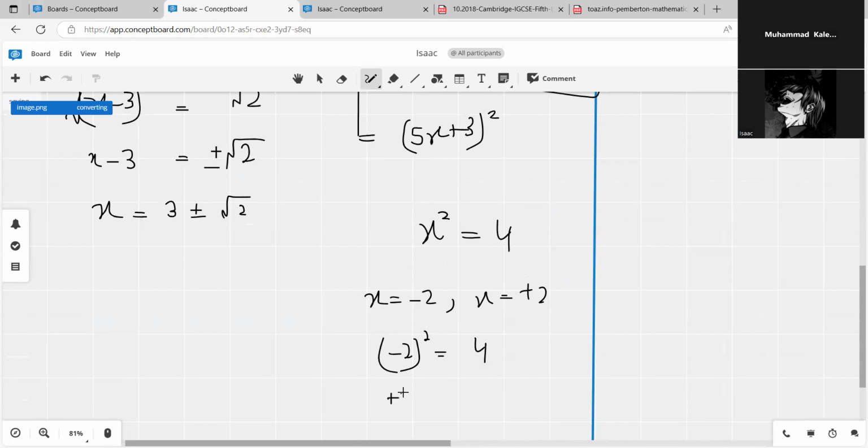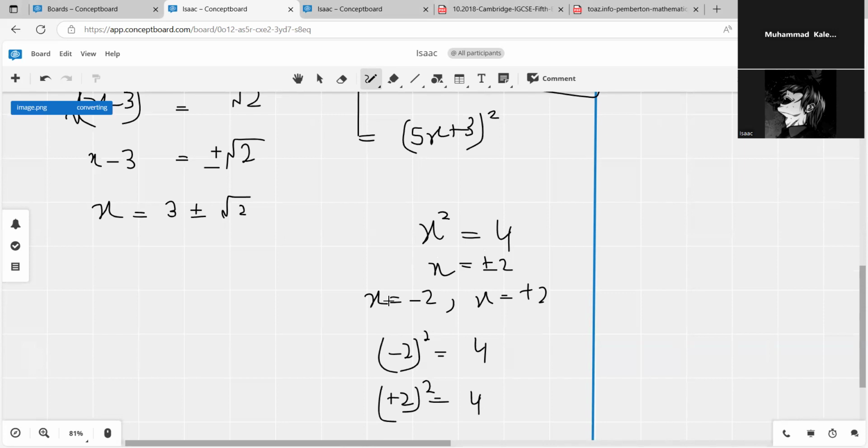Even positive 2 will give you the same answer, 4. So that's why we have both possibilities. We are not sure which sign they are using for x, so we have to mark positive and negative. For x, we have positive and negative 2 when we take the square root. Does this make sense?